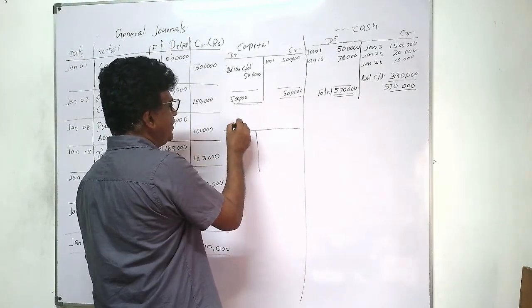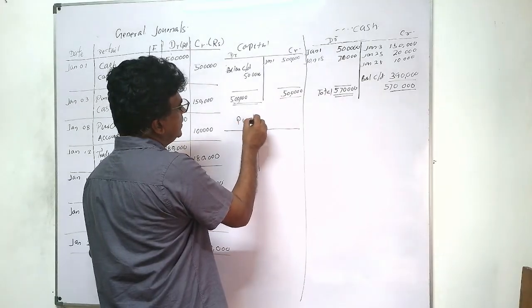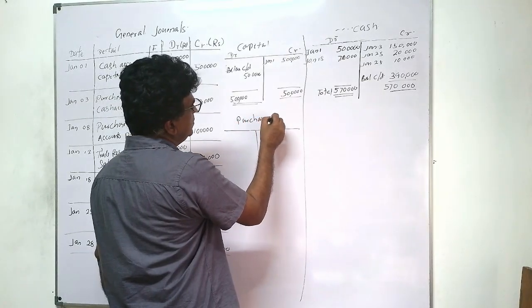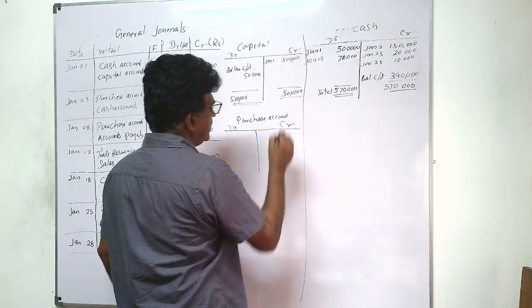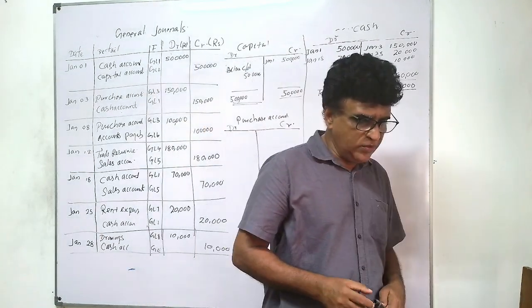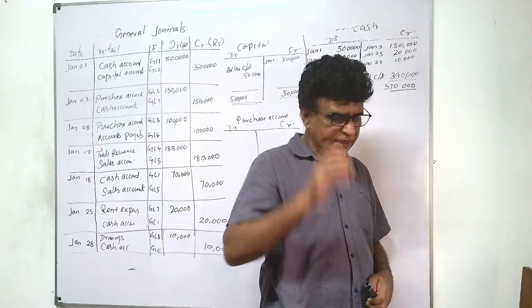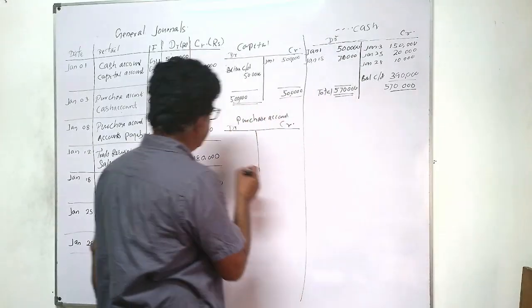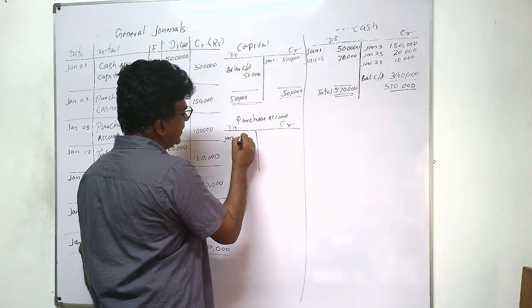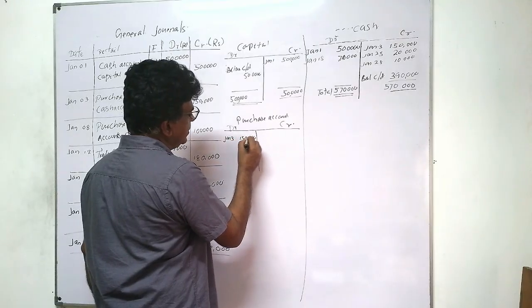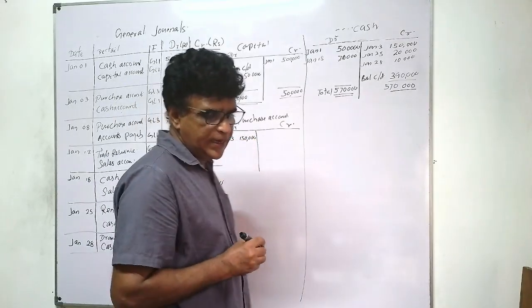Next, the purchase account. We'll prepare the purchase account. In purchase account, January 3rd, we have a cash purchase. January 3rd, we have a 150,000 cash purchase, right?